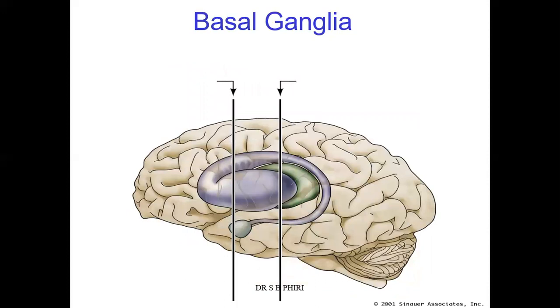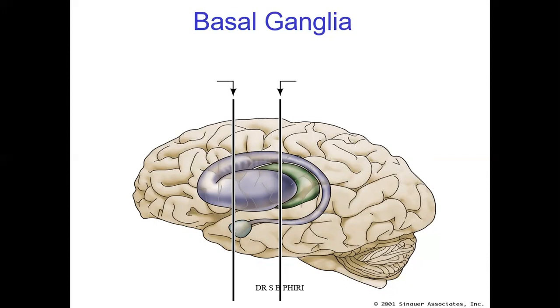So when you're looking at the brain, if you have the coronal section of the brain at different levels, you can appreciate these structures of the basal ganglia. And you know to say that the basal ganglia is derived from the telencephalon. So you have the two hemispheres and also the basal ganglia.